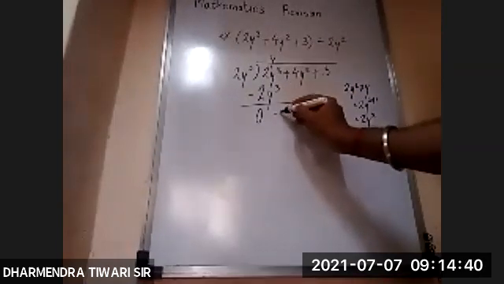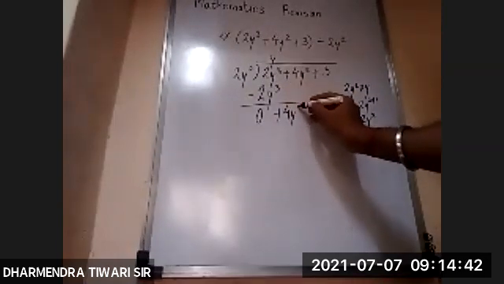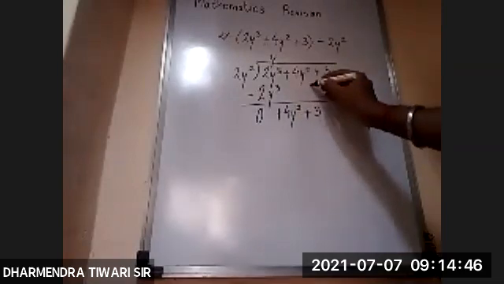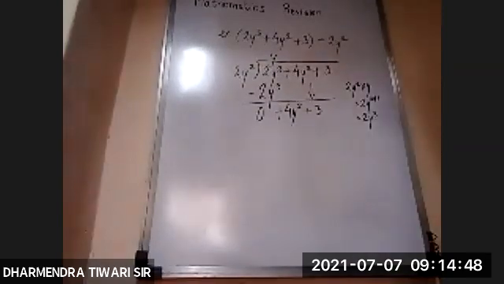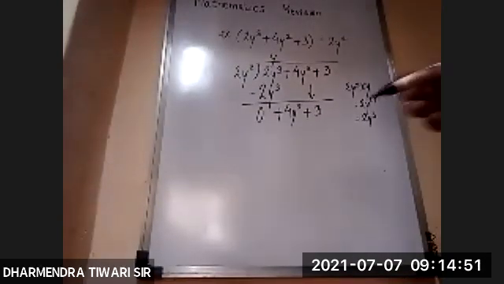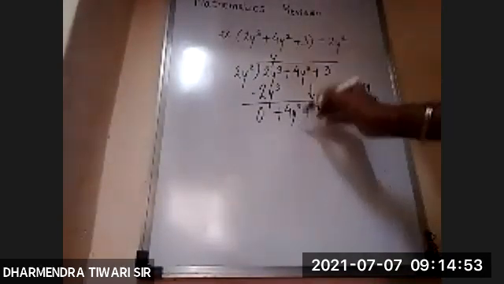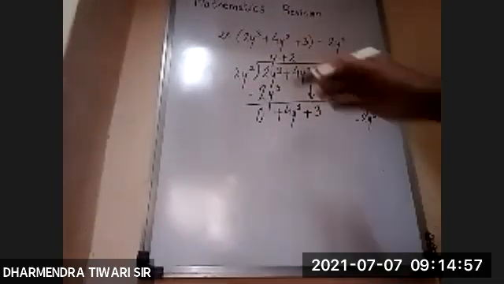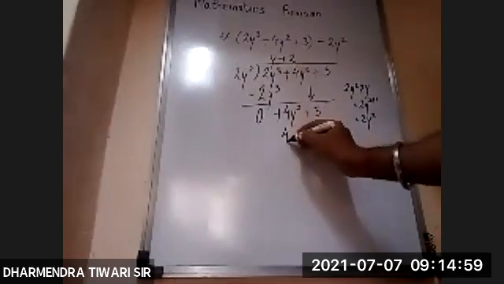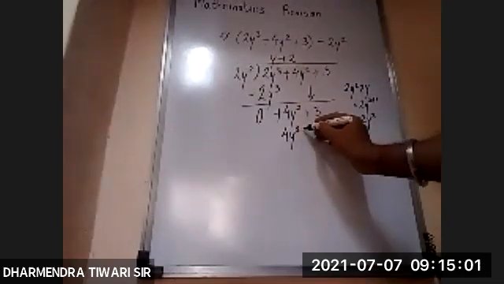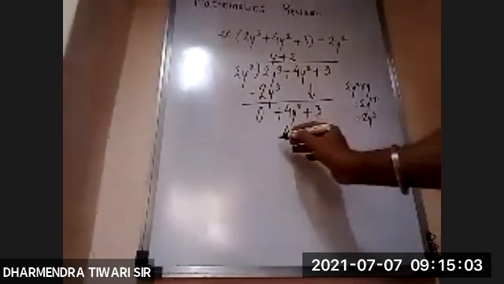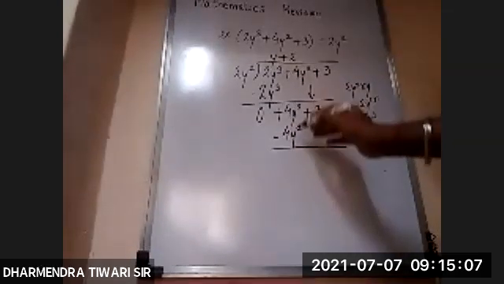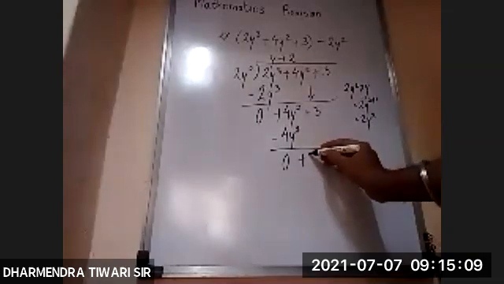The remaining part of the dividend we carry forward, and it comes down. Now what should we multiply with 2y to get 4y square? We should multiply it by 2y. So 2 2s are 4y square. Again the opposite sign, so it gets cancelled out, 0 plus 3.